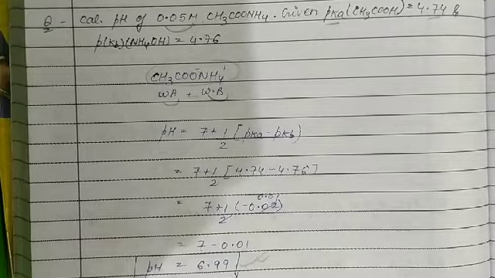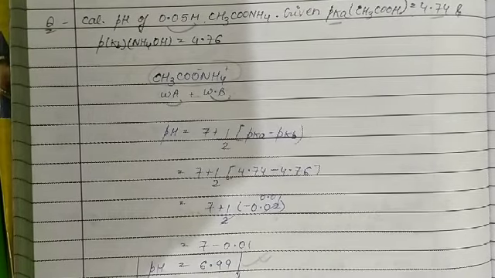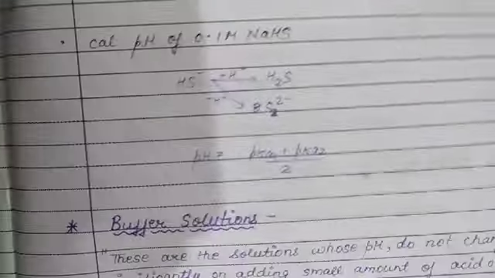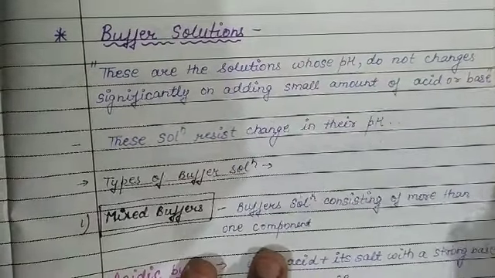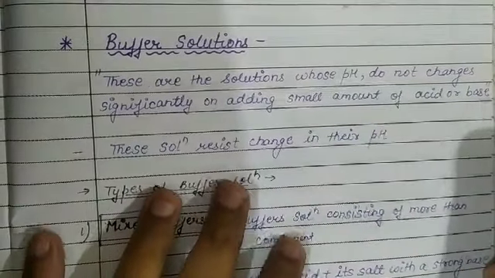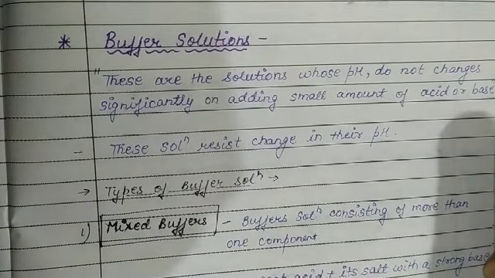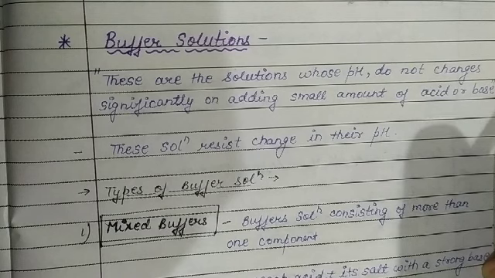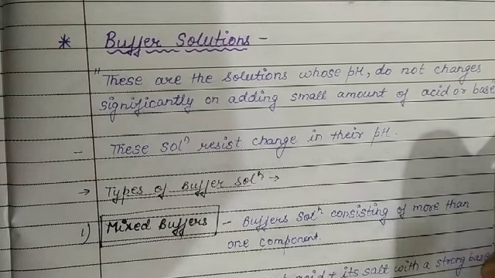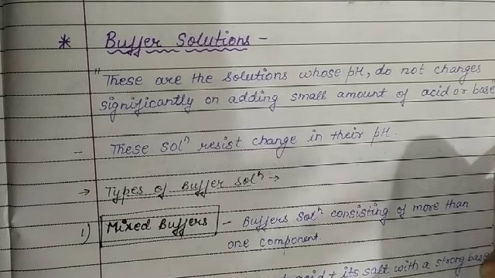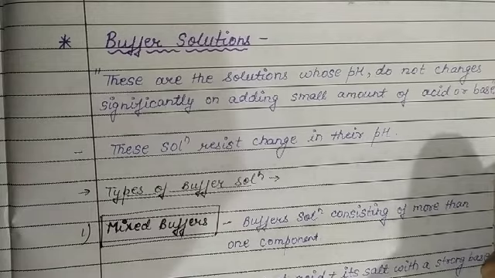See, next we are going to discuss our new topic, which is buffer solution. What is a buffer solution? Buffer solutions are basically those solutions in which, when a small amount of acid or base is added, there is no effect on the pH of the solution. It means the pH will change, but by a very small amount, which is not significant.